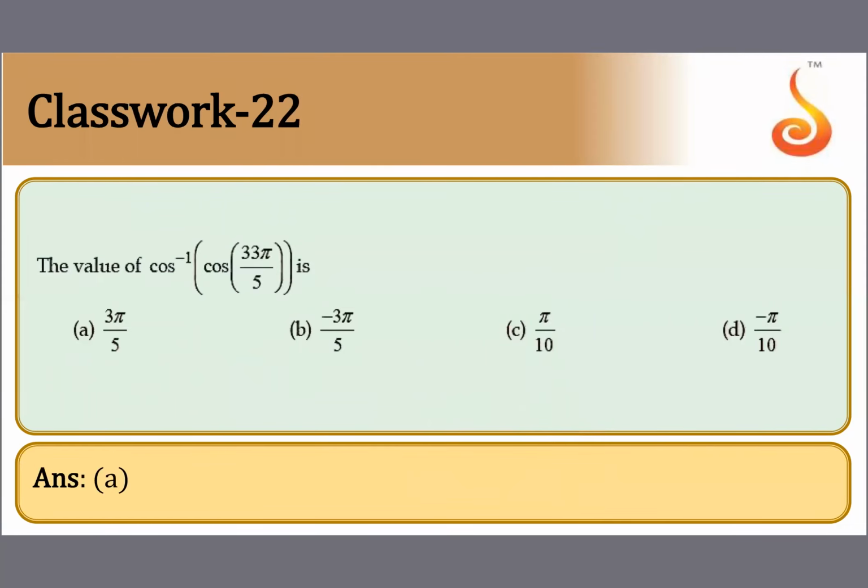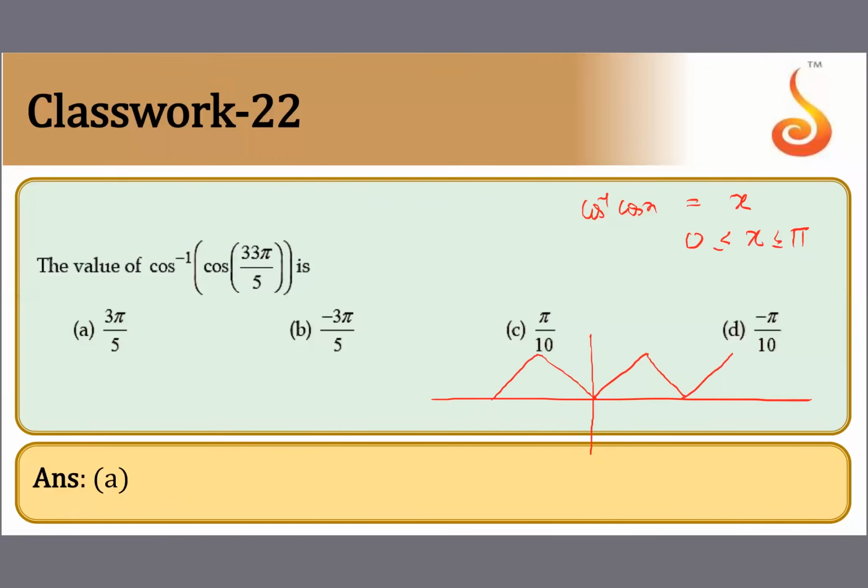Here also, in the same way, cos inverse of cos x equals x whenever x lies between 0 and pi. Please remember this. If it is beyond pi, I'll draw the cos inverse of cos x graph. You studied in junior classes, in LKG, you have drawn a diagram like this.